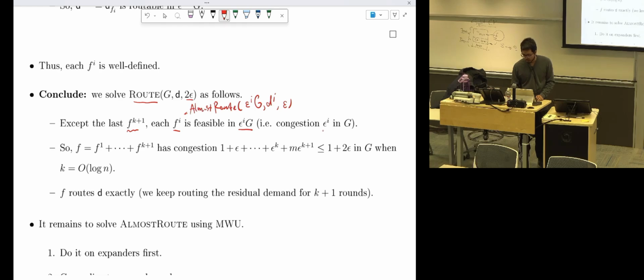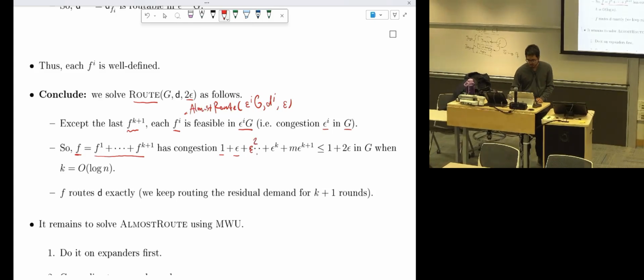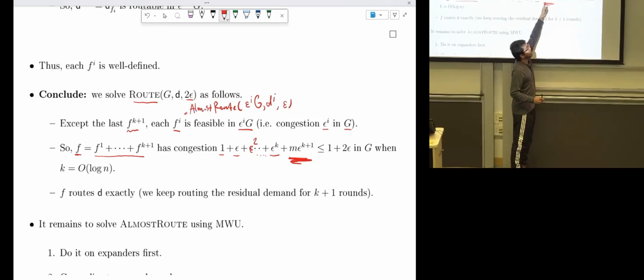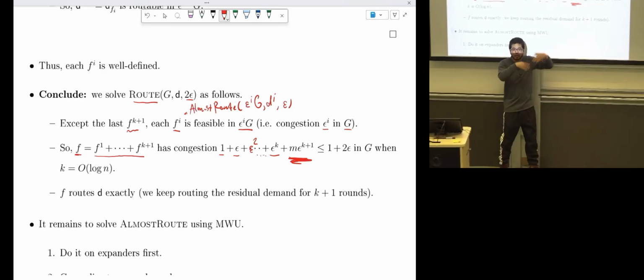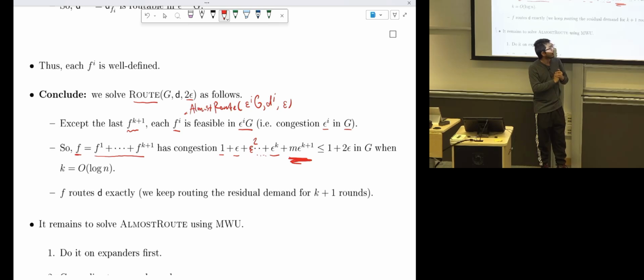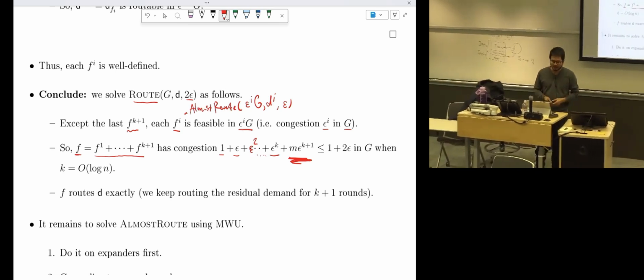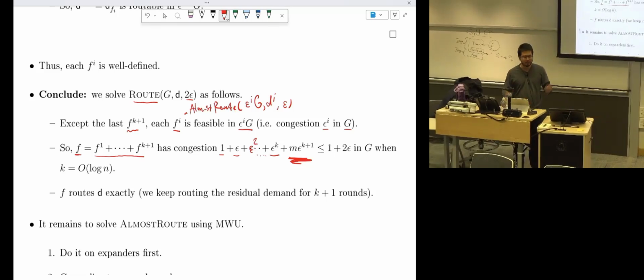So it has congestion epsilon to the i in G, which means that the flow that we return will have congestion 1 plus epsilon plus epsilon squared and so on, up to epsilon to the k. But the last one, instead of having epsilon to the k plus 1, you pay m because we use the crude approximation. And this sum in total, if you set epsilon to be less than 1/4 or 1/2, you get this thing.